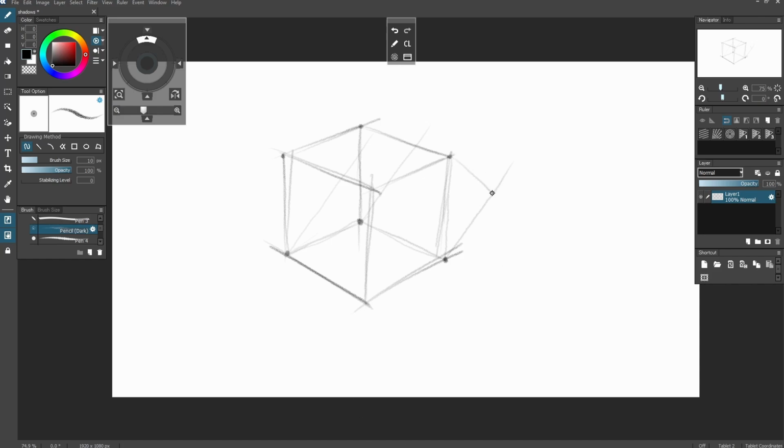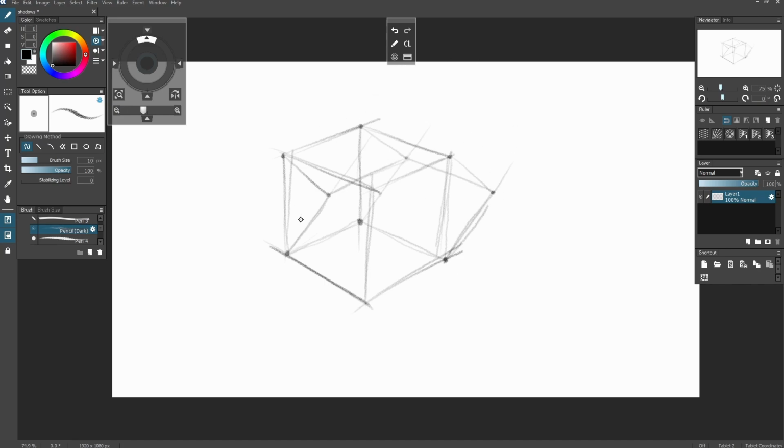Those two meet, so I'm going to mark this. Let's copy that same angle and the same length to the other ones. Okay, so we have those points, and let's connect them so that we can see the shadow properly.